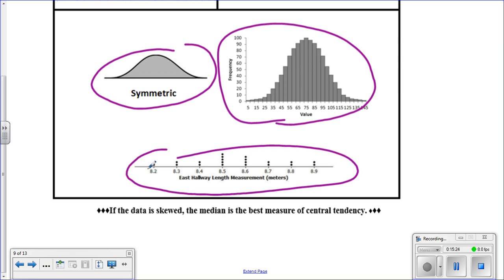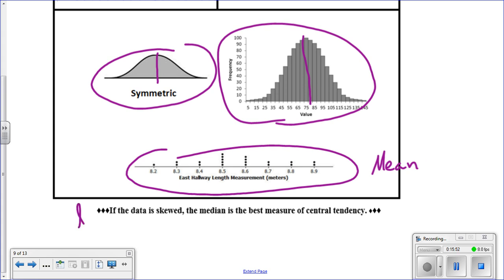So if you have data that's symmetric, what you're going to find is that your average will be somewhere right down the middle. So your mean would be somewhere in the middle, and your median would also be very close to the middle. So technically speaking, you could use either, but you could certainly use the mean to describe the data here. The mean and your median will be very, very close when the data is symmetric.